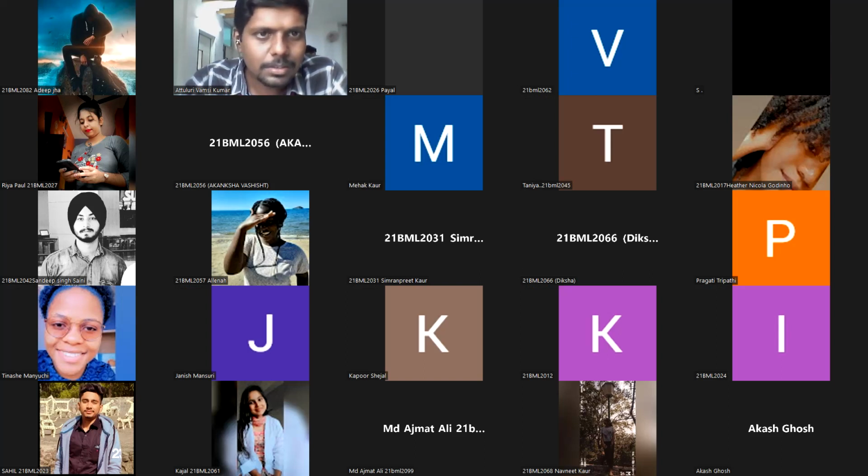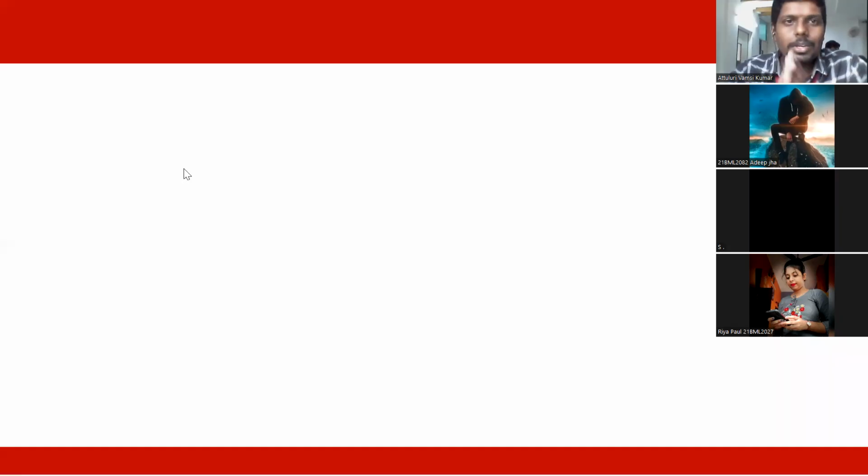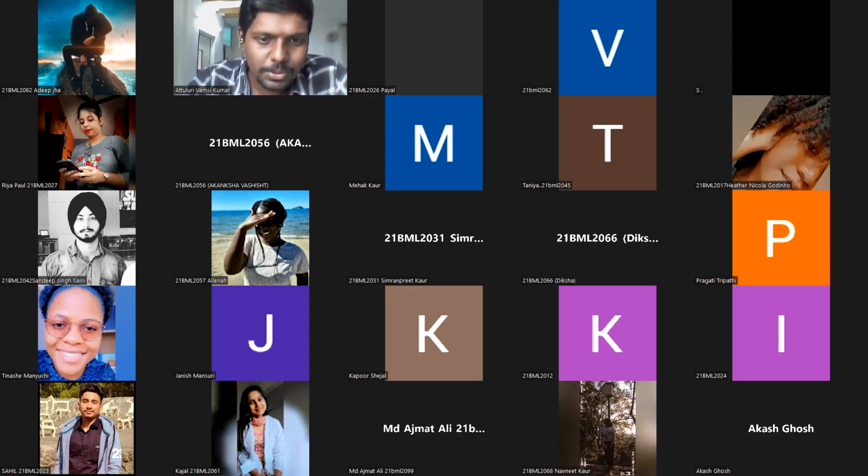It is this one, functions of blood. Okay, I got it. I can't type while sharing the screen, so I will share the whole computer screen.